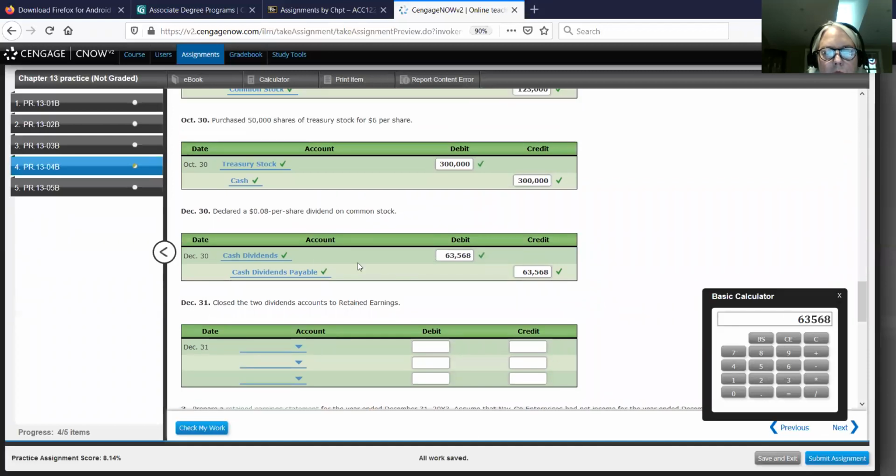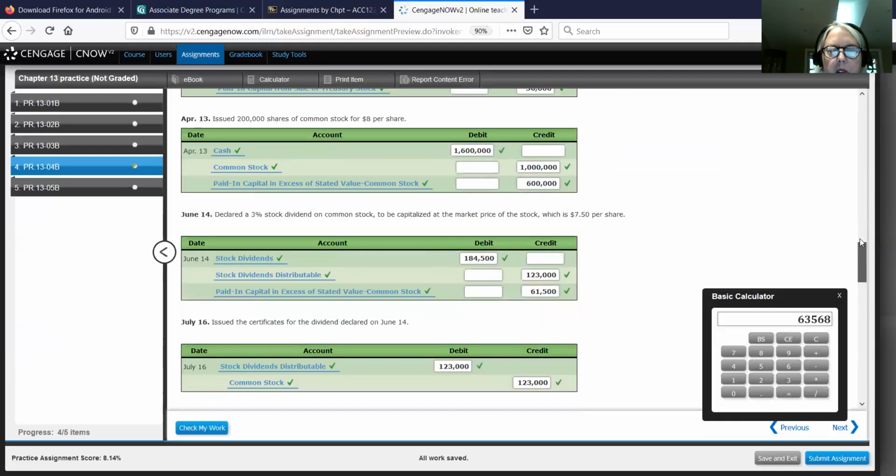So we move on to the December 30th transaction. And on December 30th, we've got a debit to cash dividends for $63,568.